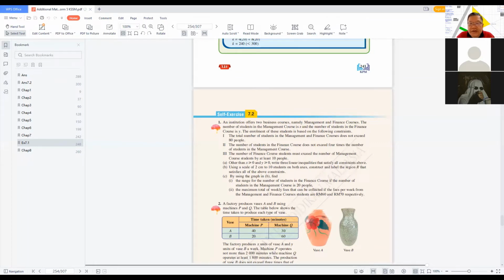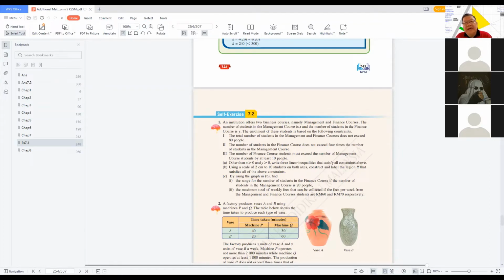So total, you just add up these two, X plus Y. Is there a maximum or minimum value for the total number of students? Yes. Does not exceed 80 people means the total must be less than or equal to 80, right? As long as it doesn't exceed 80.